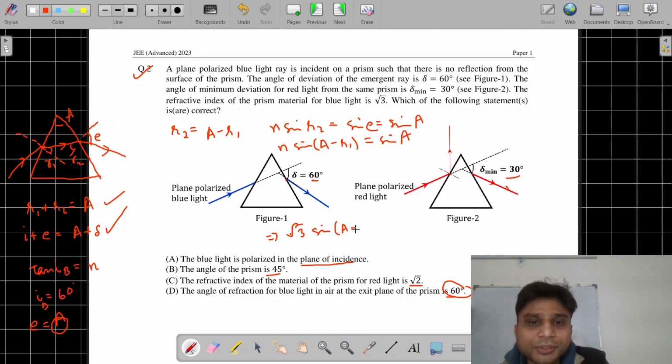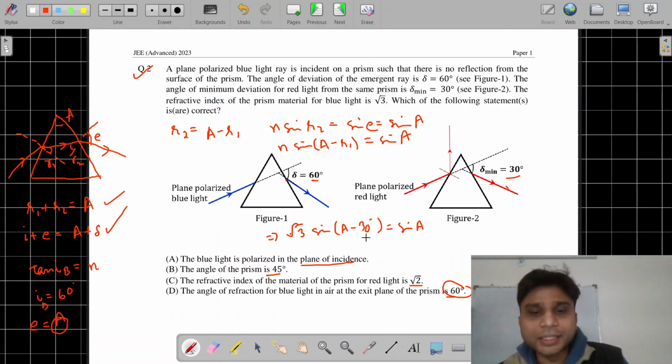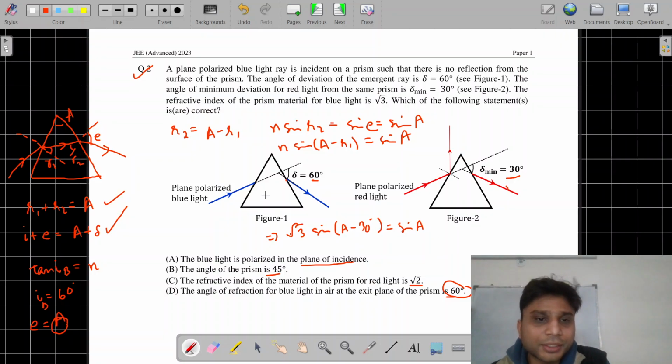So what is R1? R1 is 30 degree. How is R1 30 degree? That you can find easily by Snell's law. This angle is 60 degree. So sine 60 degree is equal to root 3 into sine of the internal angle.